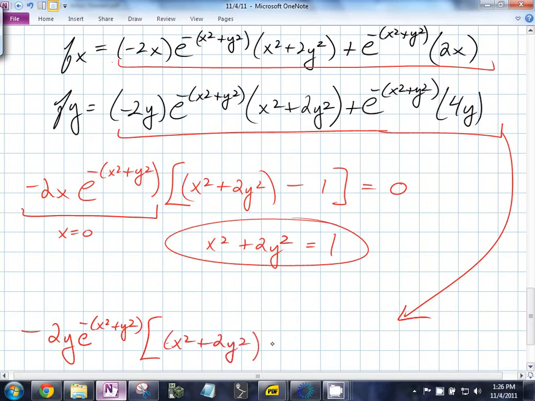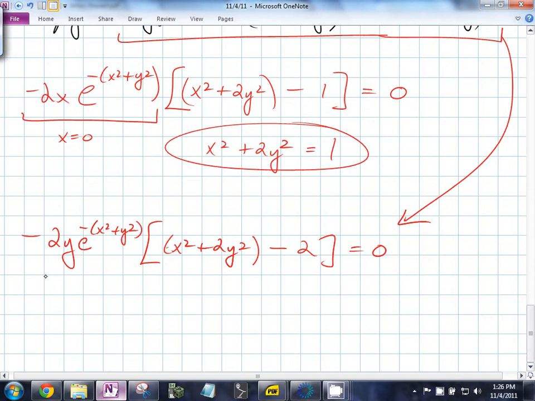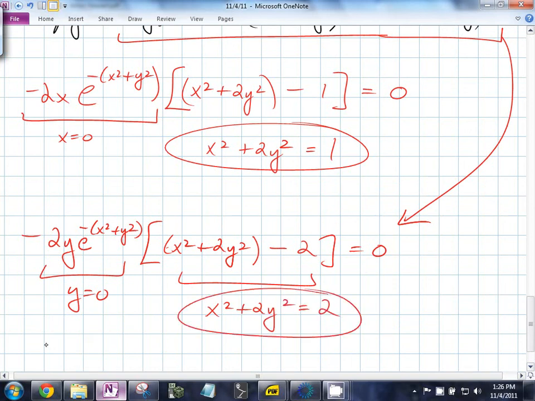So this only happens when y equals 0, or x squared plus 2y squared is equal to 2. What do you notice at this point? Is it possible for these two things to be true at the same time? No. That's actually kind of cool, because if it can't be true, what can you look at? The only point you have potentially is 0, 0.